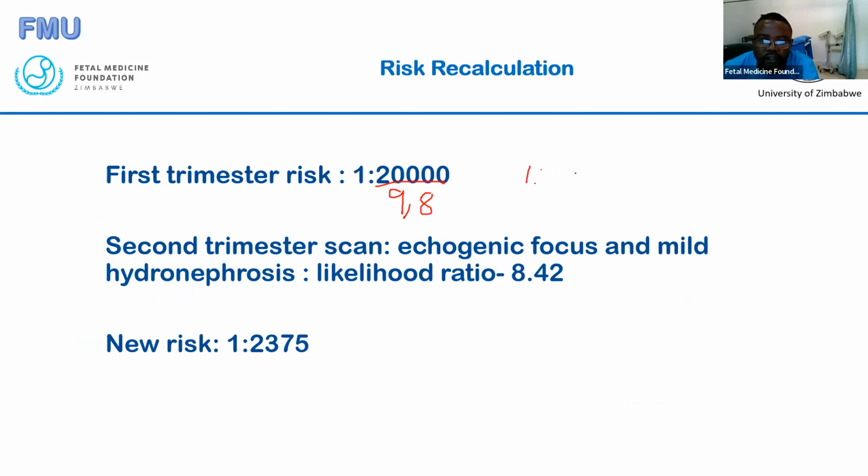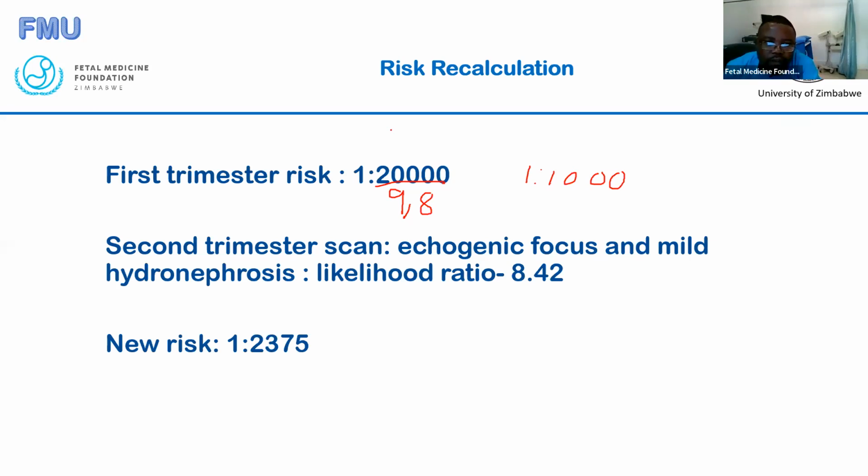So that's the new risk now, based on just an increased nuchal fold. This is the basis of our counseling of the mother, to tell them that, look, your risk has greatly changed and it's now 1 in 1,000. Then it will be up to the mother to decide how she understands the risk, because 1 in 1,000 is still a low risk.